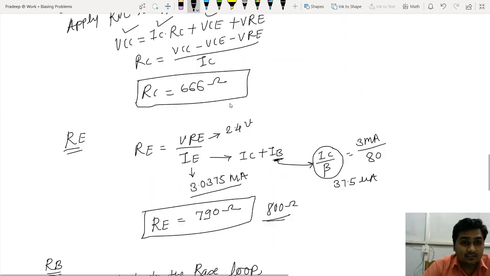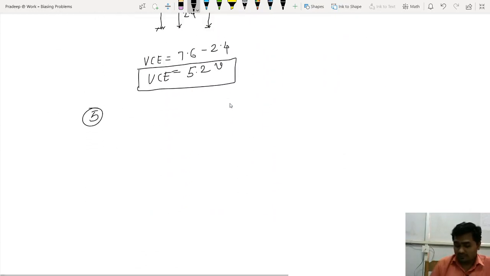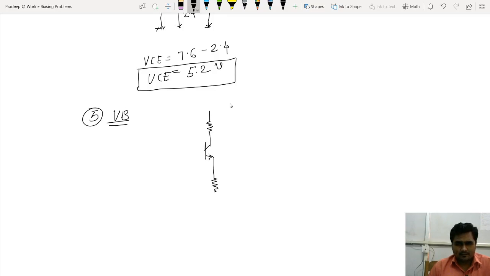And the last parameter, the fifth parameter, for the emitter bias circuit is VB. They want us to calculate VB, the base voltage. Let me draw the circuit again here. Now it is a base resistor, and they want the base voltage.